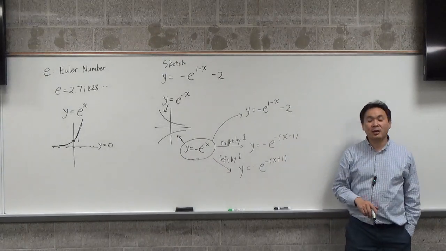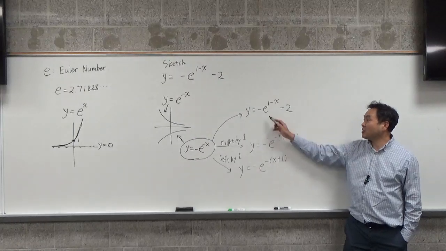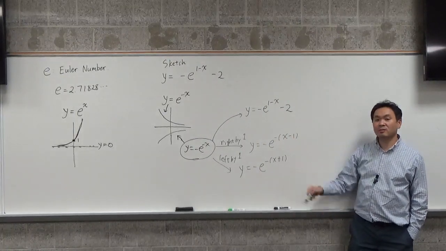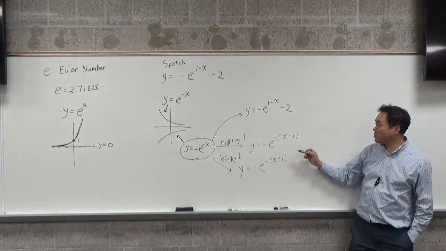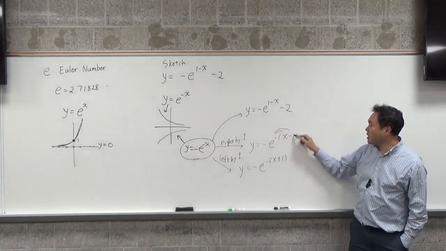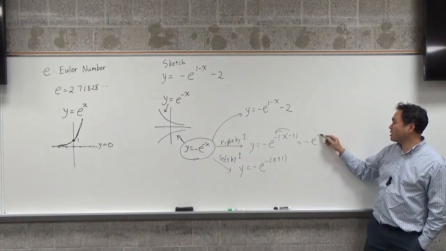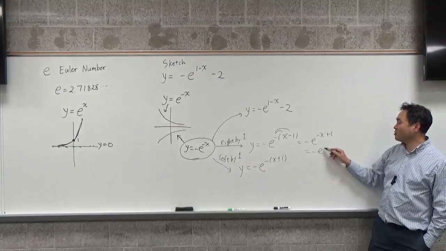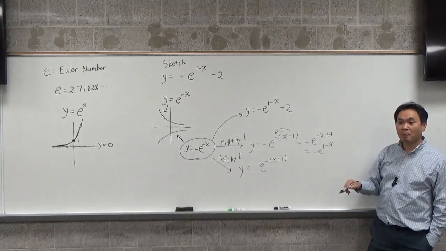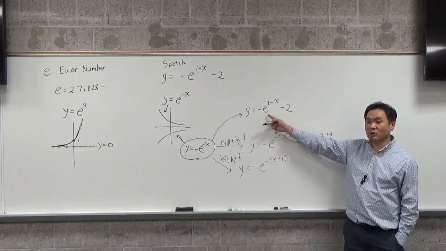Now, which one of these is the same as this part? This one, going right by 1. Because if you multiply the minus, this is negative e to the negative x plus 1, which is the same as negative e to the 1 minus x, right?